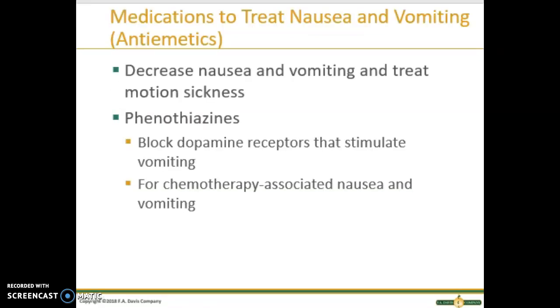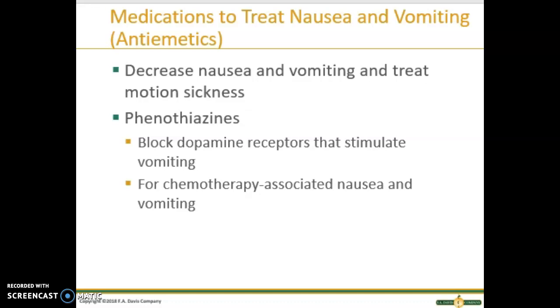Now we're looking at the antiemetics. So emesis is vomiting, so they decrease nausea and vomiting and treat motion sickness. Antiemetics decrease nausea and vomiting by blocking receptors in the area of the brain that stimulate vomiting or blocking the chemical serotonin in the brain and in the stomach.